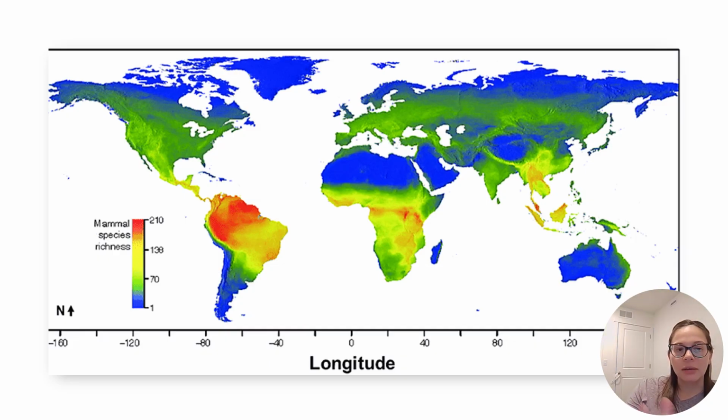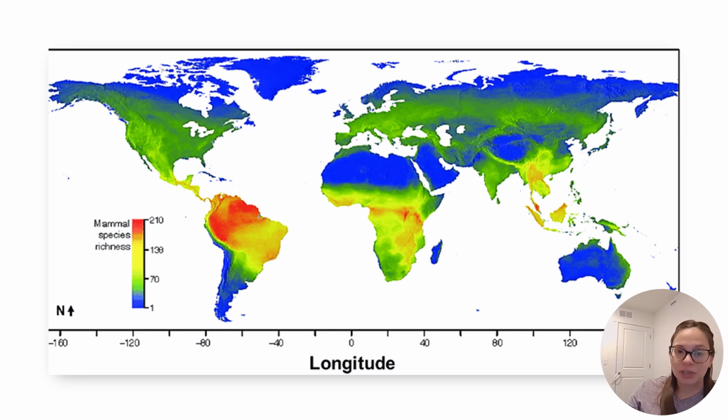I found a heat map online, and I thought it was a good map to represent mammalian diversity, with high species richness concentrated in tropical regions that we can see in the Amazon, Central America, and Southeast Asia.